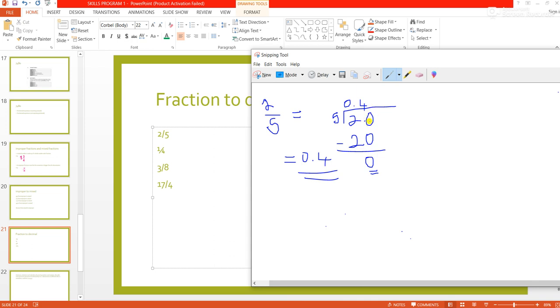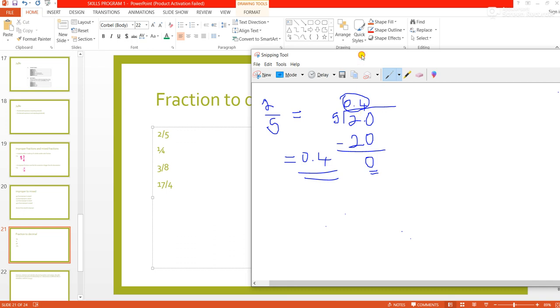We need to include a 0 on the right side within our long division, and we use the first step in terms of saying how many times does 5 get into 20. It's 4 times, and then 4 times 5 will give you 20. So when you minus 20 by 20 you get 0. So the final answer is the one that you have on top. So we've got 0.4, which is the answer that we have.